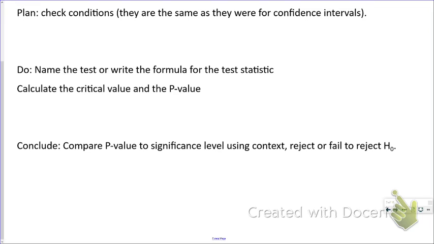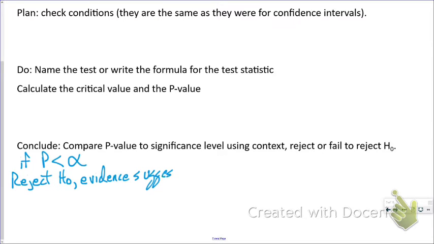On the conclude step, if p is less than alpha, we will reject H0, and we'll say something like evidence suggests HA, whatever HA says up there in the state step.